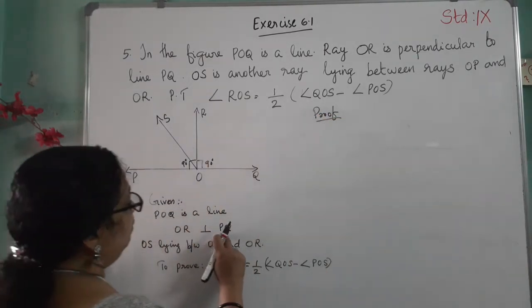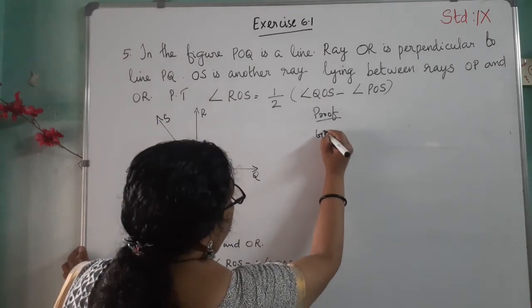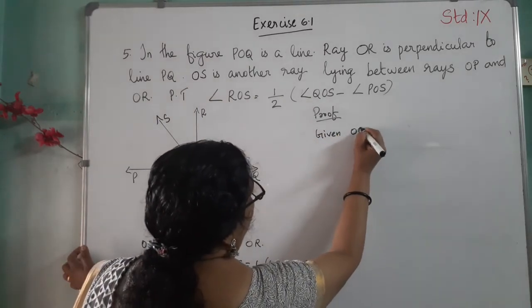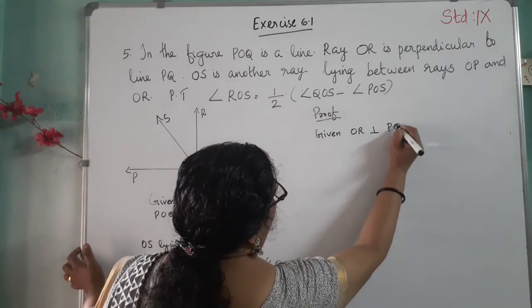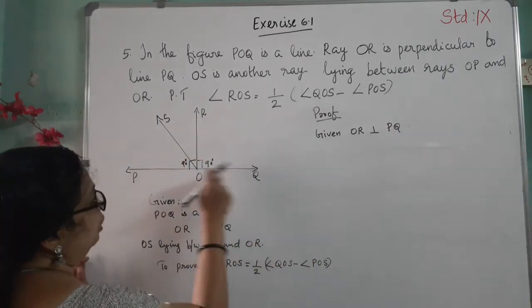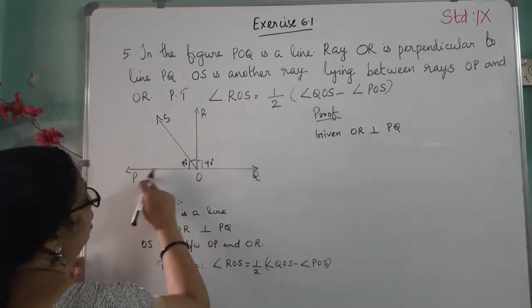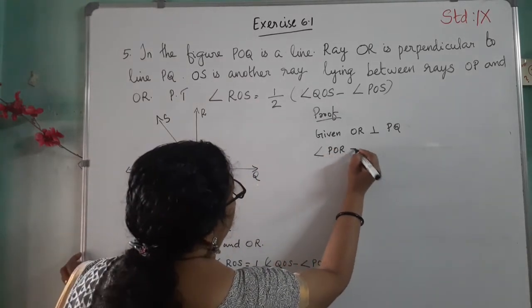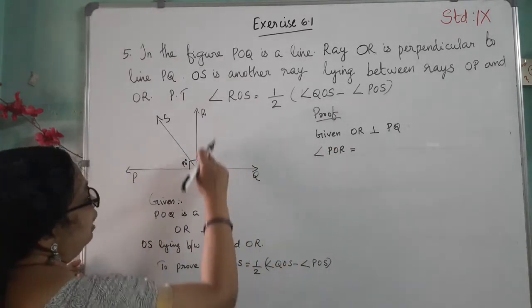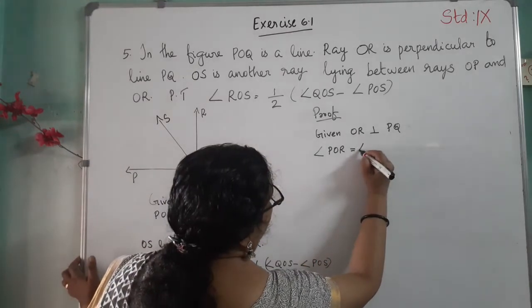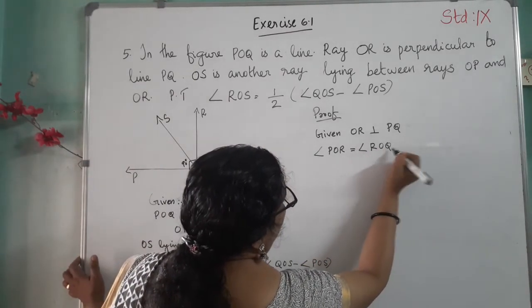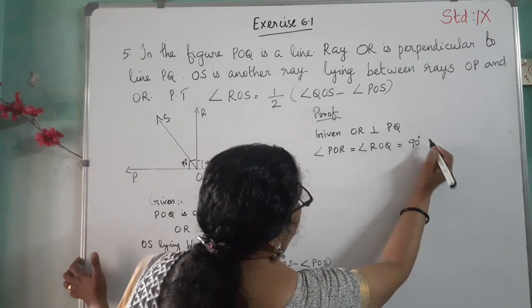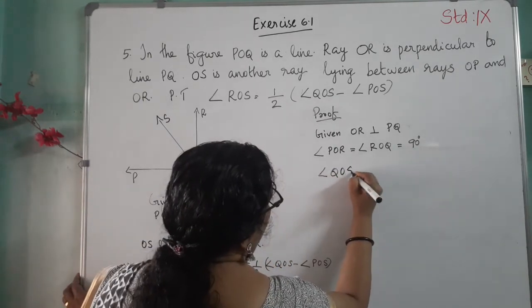Given OR is perpendicular to PQ. So we can write angle POR equals angle ROQ, which is equal to 90 degrees.